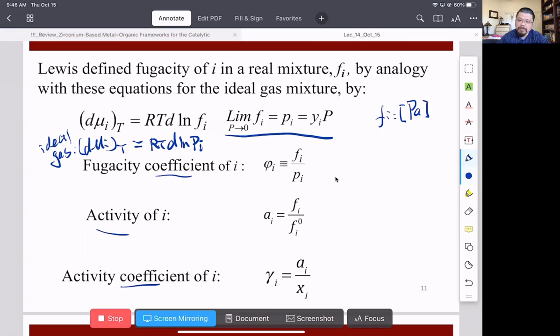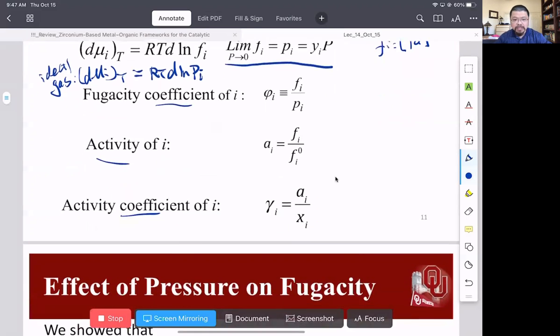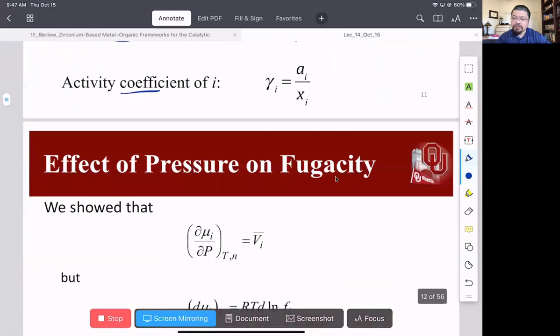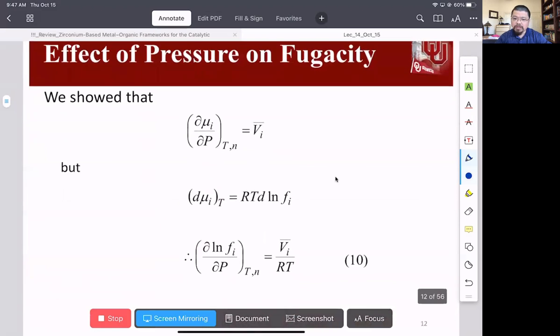Those are just the coefficients to see, when we have the liquid and vapor, how we move from the real condition and see how far away the system is from the reference state. So that is the slide to introduce fugacity and some quantities.